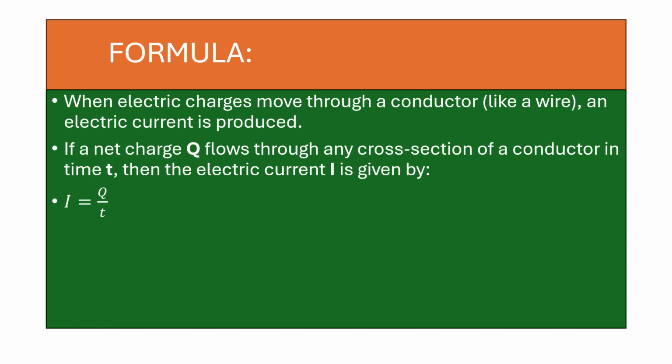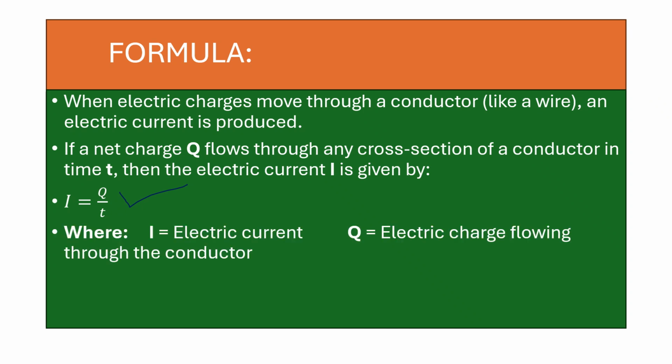Please remember this particular formula. You will be using it for numericals. What is I here? Electric current. What is Q? Electric charge flowing through the conductor. What is t? That is time taken.